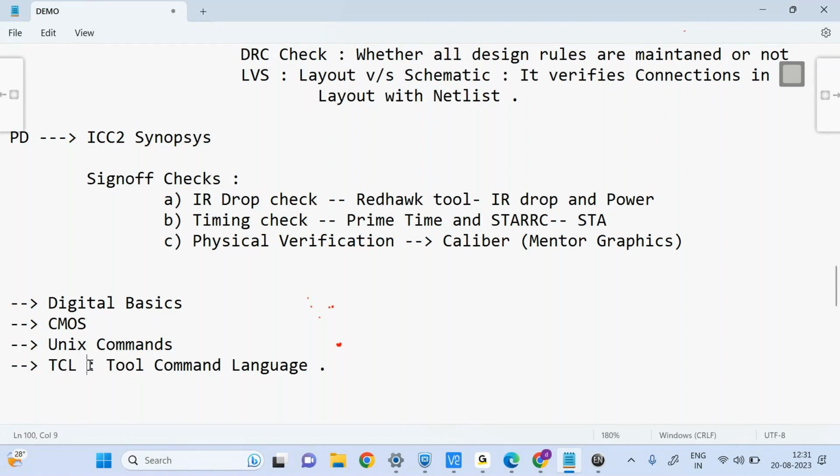See, your EDA tool can understand only TCL. The ICC tool can understand only TCL. If I want to communicate with ICC2 through commands or through a program, then I can communicate only through what? TCL. So knowing TCL is very, very important for physical design.